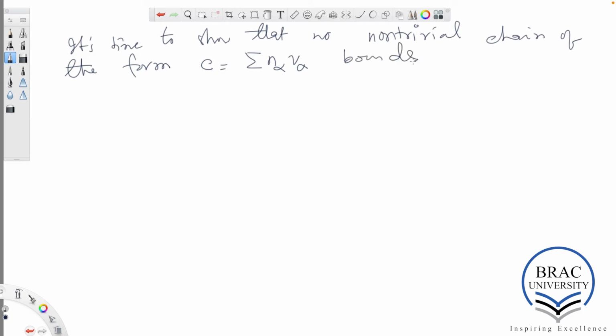This is what we want to prove. So the zeroth homology group is going to be trivial, right? Proving that B0 of K is trivial.